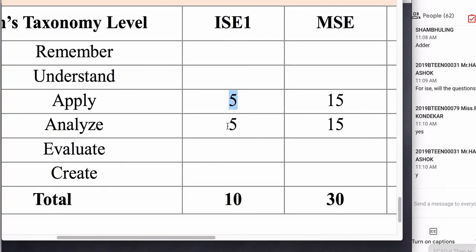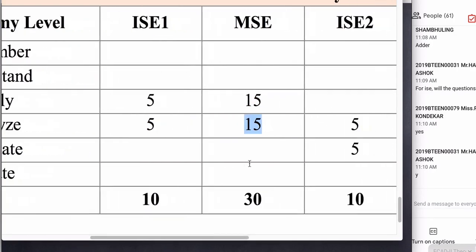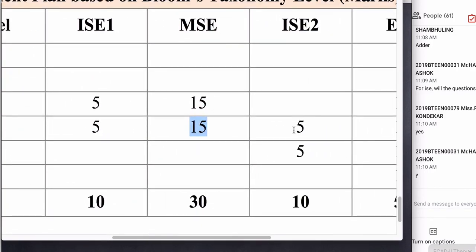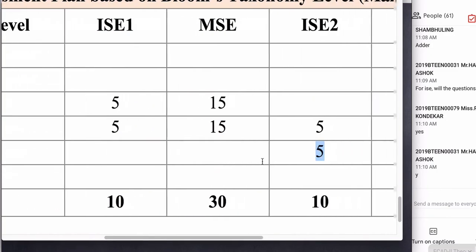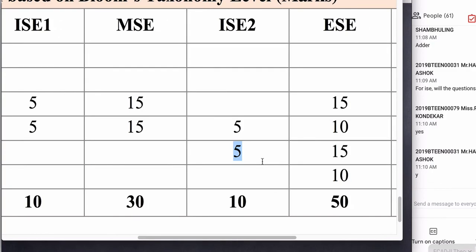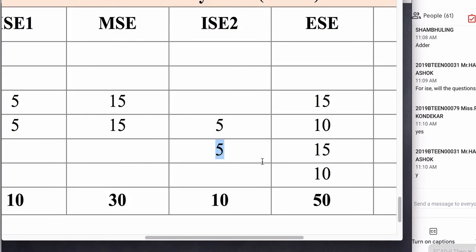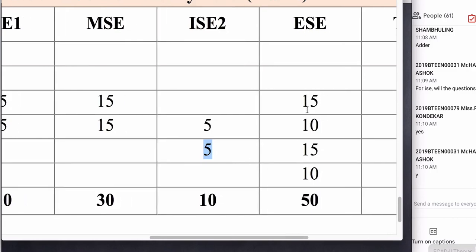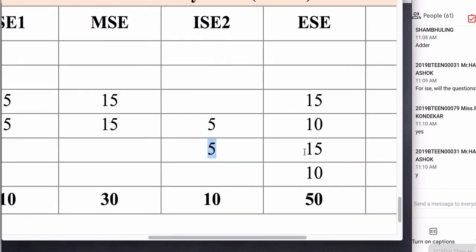There can be 10 questions, but 5 marks will be ultimately dedicated to apply and 5 to analyze. एमएससीबी का वही पैटर्न होगा. उसके बाद आईएससी 2 में थोड़ा अपर लेवल जाएंगे, यानी कि एनालिसिस और इवैल्यूएशन, यानी ये सर्किट अच्छा है, ये सर्किट बुरा है, कंपैरिजन. And end semester में सब लेवल्स होंगे थोड़े थोड़े. Are you getting the point? ये ठीक है.